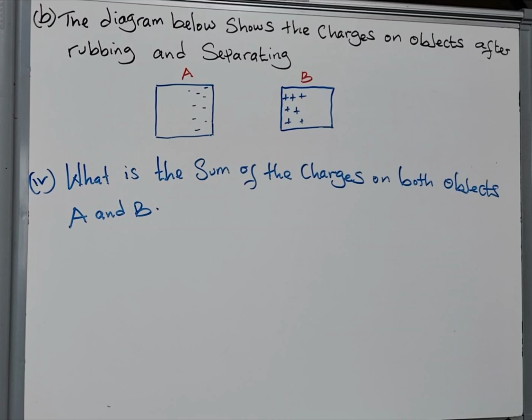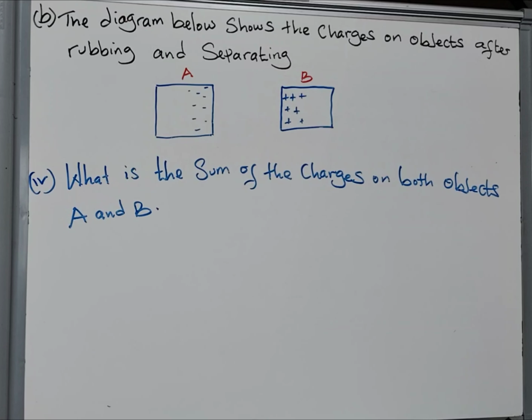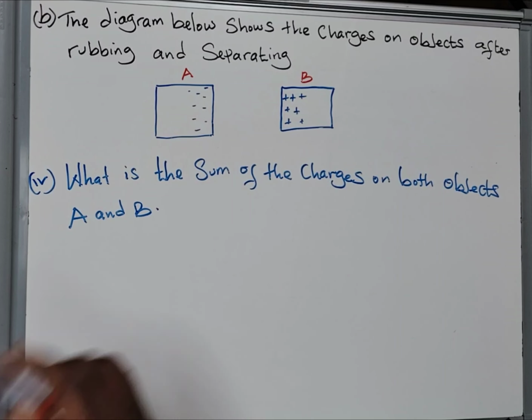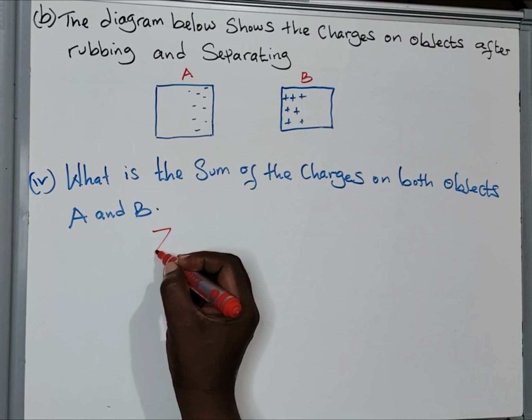So comes another question here. It says that what is the sum of charges on both objects A and B? So when you add the charge on A and B, what do you get? The answer is 0.